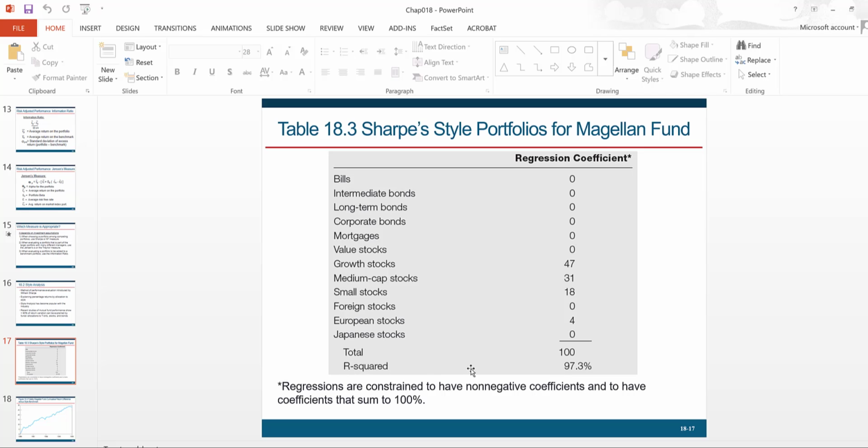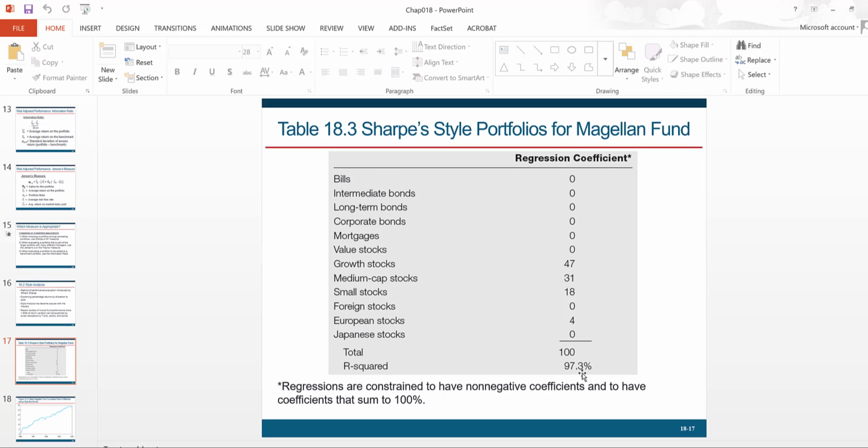And then at the bottom you see the R squared here. So you might know what R squared means from your statistics classes. R squared is the variation of the dependent variable that is explained by the independent variables, right? So the variation of return of our fund that is explained by all these different style portfolios.